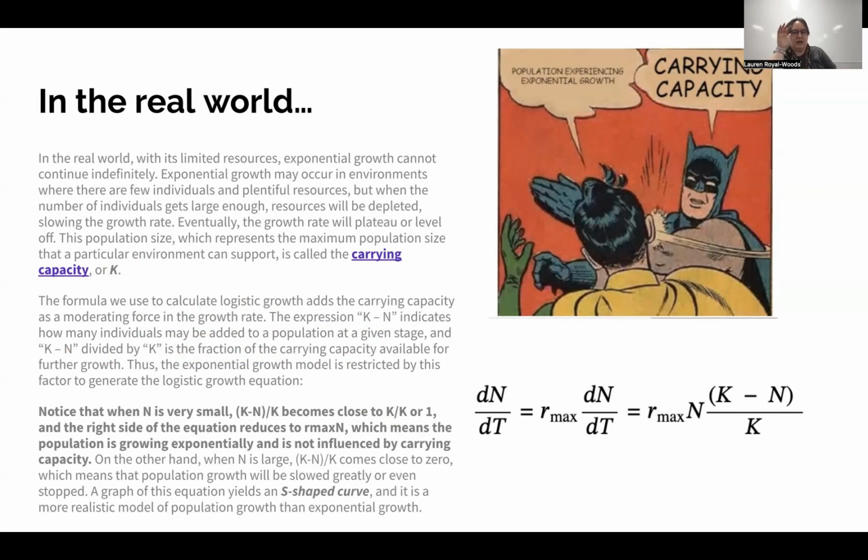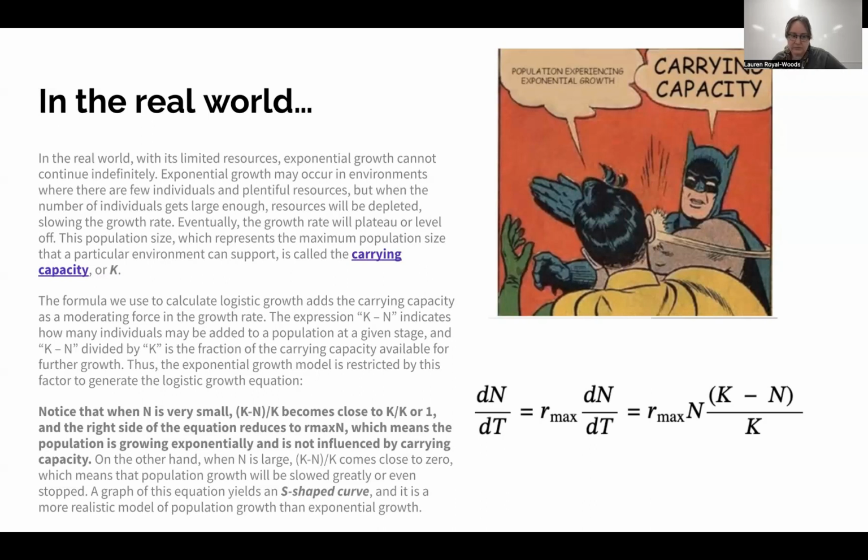Now, one of the things in the math right here, I want to slightly point out. Notice that if N is very small, if you have a very small population, K minus N divided by K becomes close to 1. That means the population is growing exponentially and is not influenced by carrying capacity because they haven't hit it yet.